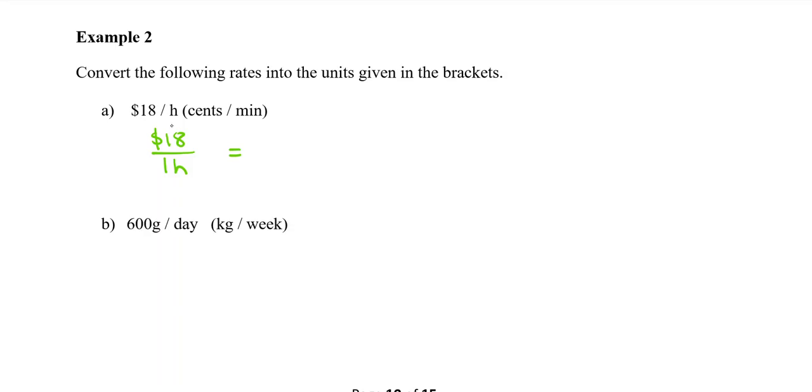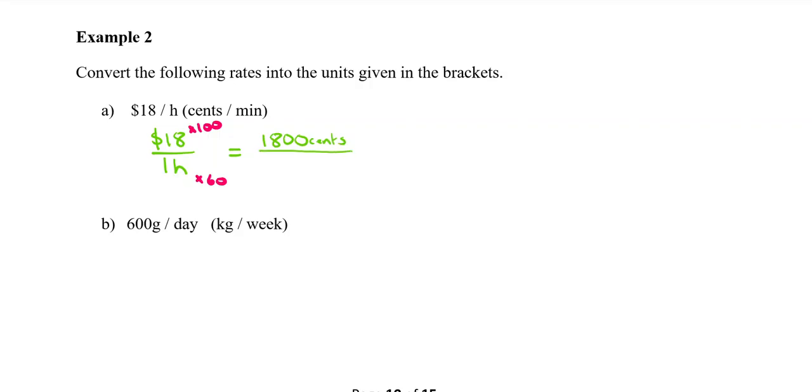I'm going to convert the dollars into cents. To do that, you times it by 100. And I'm going to convert the hours into minutes. There are 60 minutes in an hour, so I have to times that by 60. So 18 times 100 is 1800 cents now.